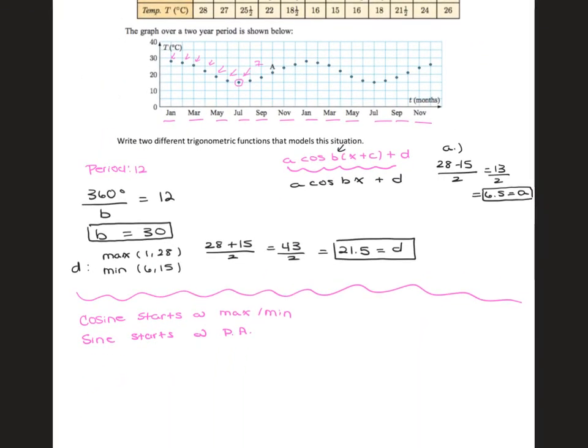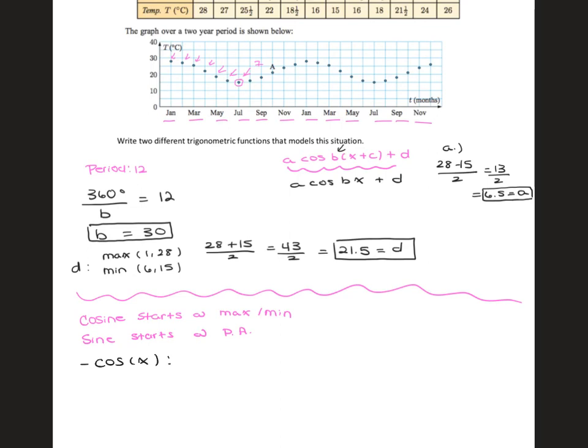Also, your cosine of x starts at a maximum, not at a minimum. But because we're starting at a minimum, remember, like the Ferris wheel problem, I'm going to want to reflect this graph. So that means my basic function for the cosine equation that fits this curve is negative cosine of x.